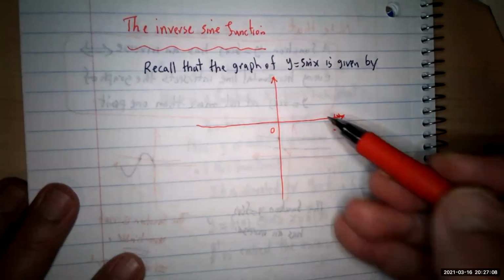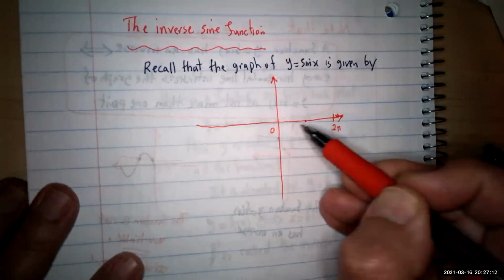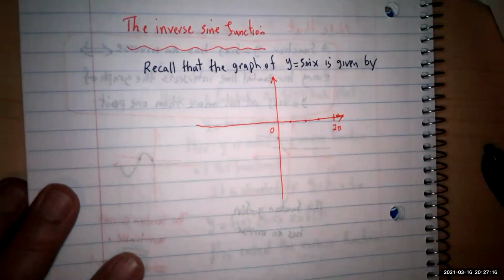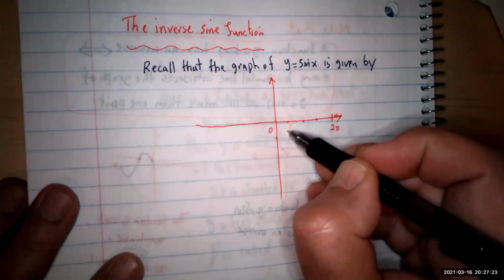Remember, divide into 4 parts. So this is going to be pi half, pi, and 3 pi half. Four parts that we have.